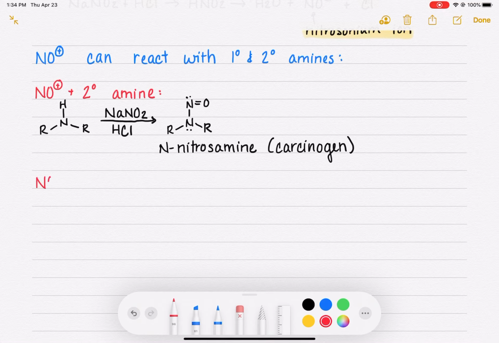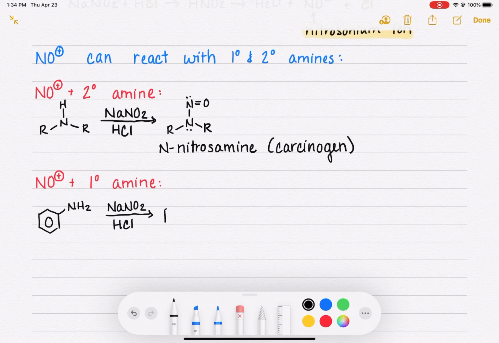A more useful reaction is the NO+ group reacting with primary amines. The only primary amine that actually does this reaction well is aniline. So I'm going to specifically draw aniline instead of a generic primary amine, reacting again with sodium nitrite and hydrochloric acid.